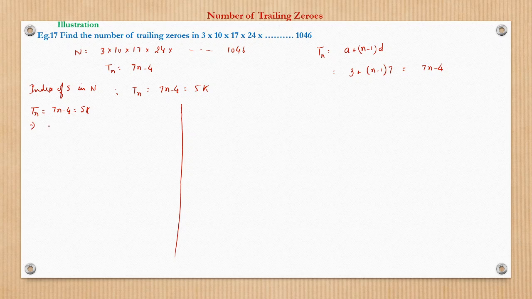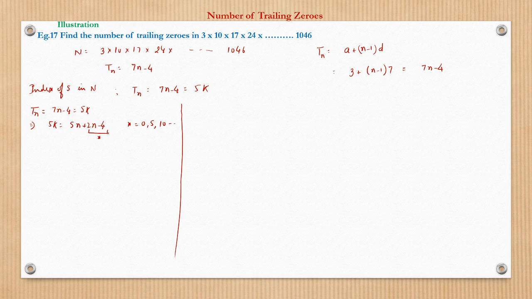So from here I can say that 5k is nothing but 5n plus 2n minus 4. Now LHS is a multiple of 5, so RHS must be a multiple of 5. So from here, 2n minus 4, if this is star, can take a value of 0 or 5 or 10, and so on.